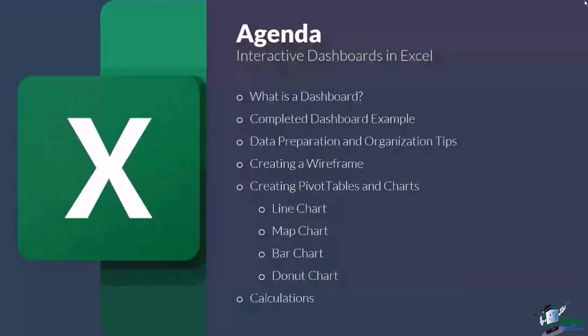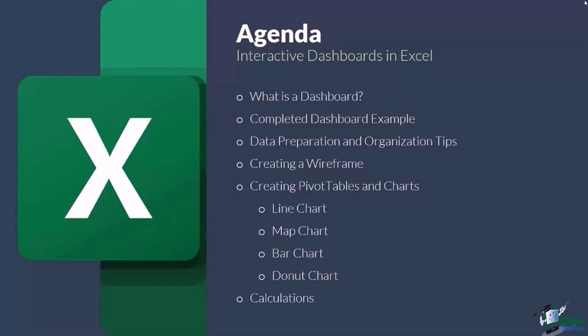I'm then going to go through creating a wireframe. Now, this isn't something that is essential, but it is a good idea to have a plan as to what you want to go onto your dashboard before you even begin. So we're going to talk a little bit about that, and then we're going to jump into actually setting up or creating the information that we want to put on our dashboard. And the dashboard we're going to create today is pretty heavy on pivot tables and charts.